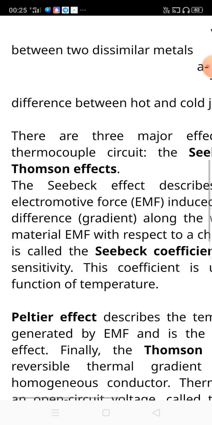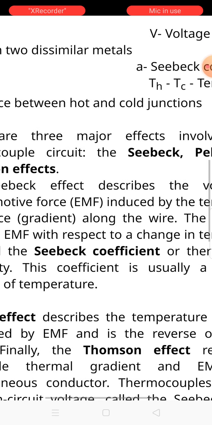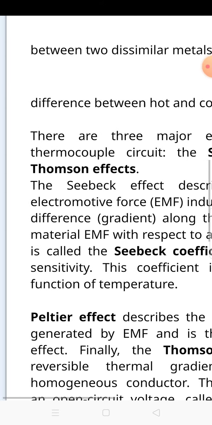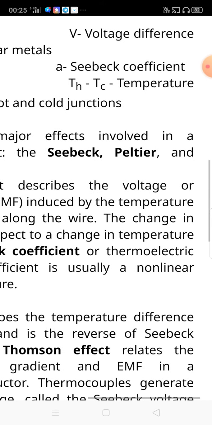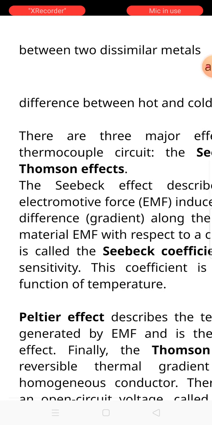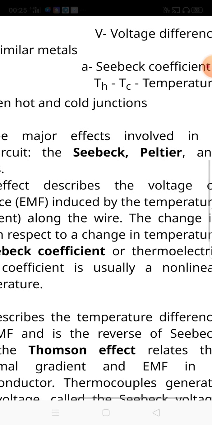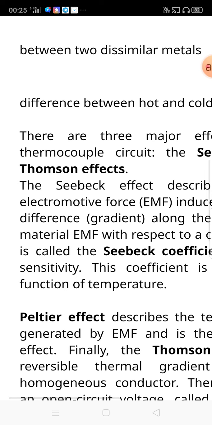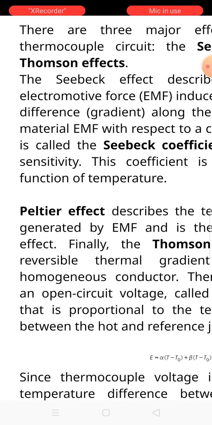The change in material EMF with respect to a change in temperature is called the Seebeck coefficient or thermoelectric sensitivity. This coefficient is usually a nonlinear function of temperature, which means it may not be a straight line.